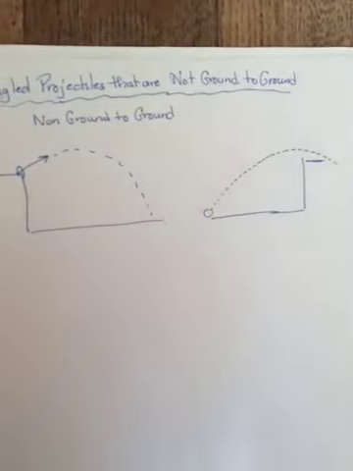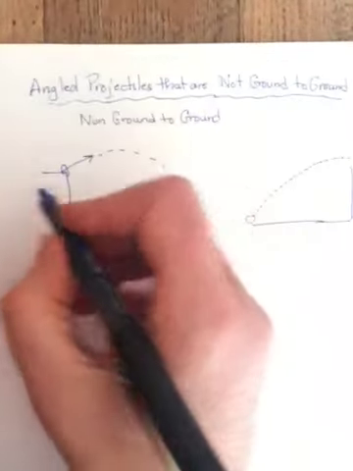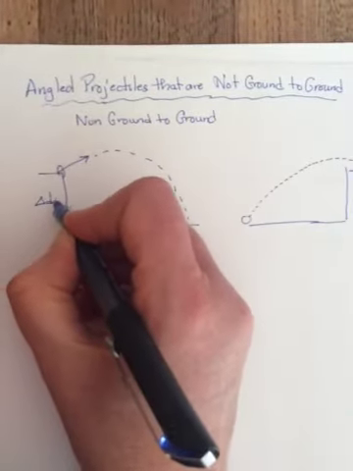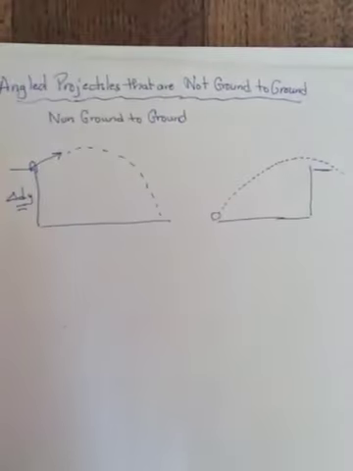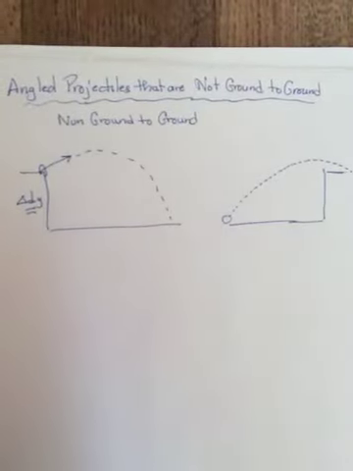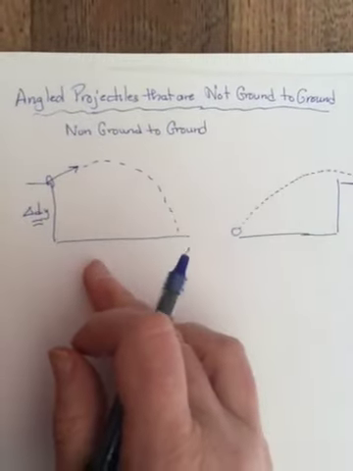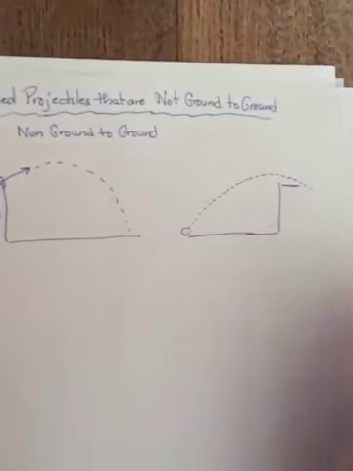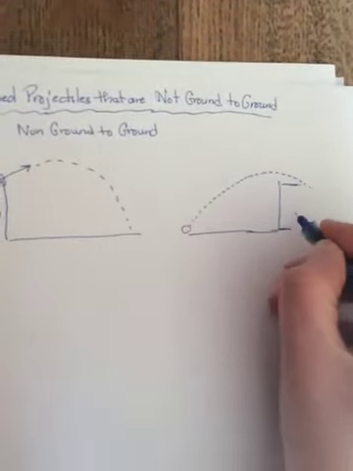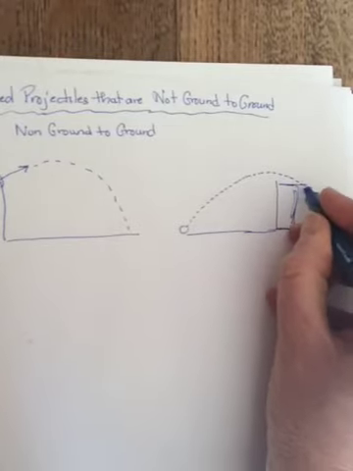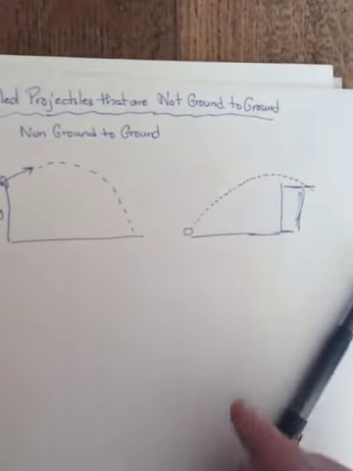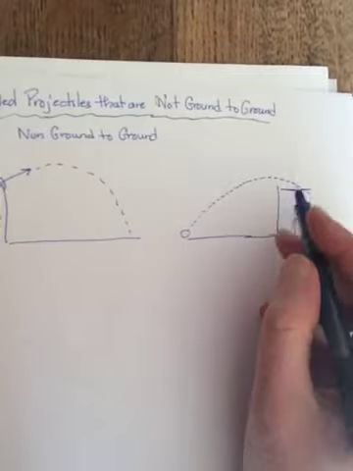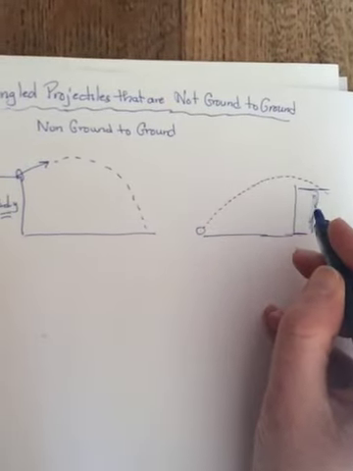In these cases, they're very similar, except in neither of them will the delta dy be 0 anymore. In the first one, the delta dy is going to end up negative because it ends up below where it started. And in the second one, I'm just going to move the building to over here, the delta dy is going to be positive because it ends up above where it started.